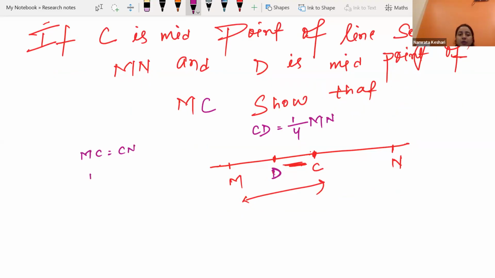And if D is the midpoint, then MD and CD will be the same, right? Yes, ma'am. Now let's check what can be done. We have to show that CD is 1/4 of MN. Or maybe if we can show that 4CD is MN, that will also help. Just a second, let me check what will help over here.